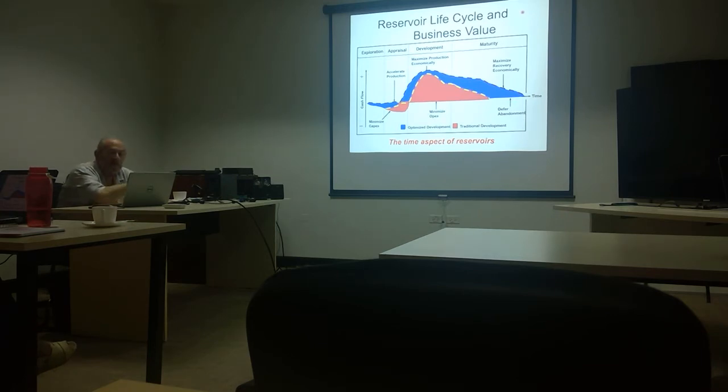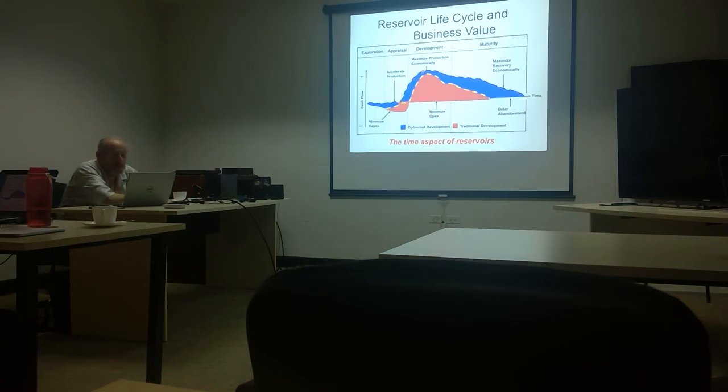Like I said earlier, even a 1 to 5% increase in your productivity in a large field, that's a lot of oil or gas. And so this black curve here is one where you accelerate your production. You go into production as you're still completing your appraisal phase, and then you start making money.